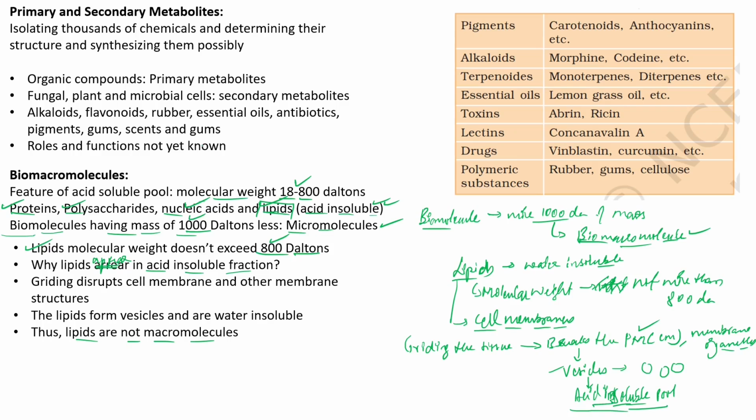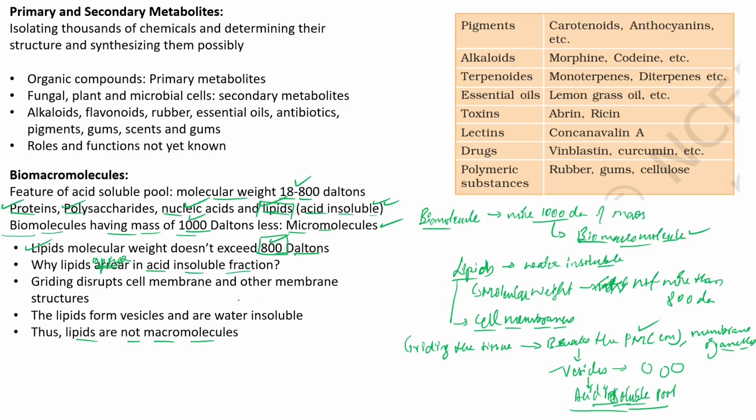So strictly speaking, based upon the molecular mass, the mass is around 800 Daltons. So from the mass perspective, we can say that lipids are not biomacromolecules. Remember, from the molecular weight perspective, lipids are not actually macromolecules or biomacromolecules.